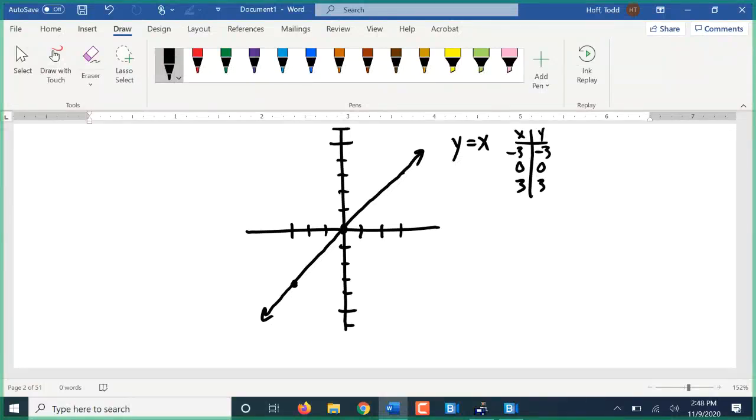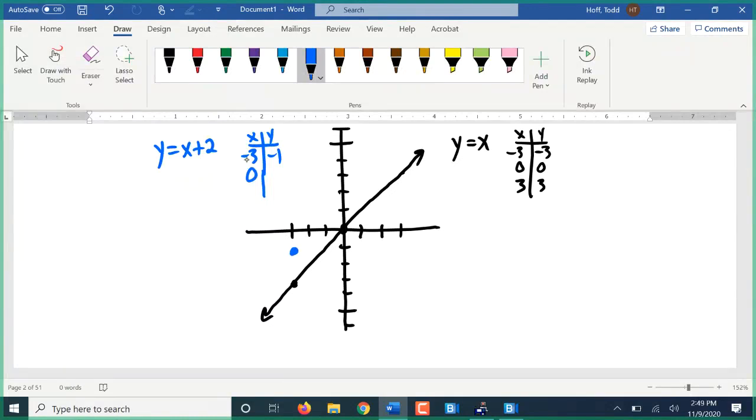Now, we've talked about building on to equations and making more complex equations. One of the things we can do is add. We have y equals x plus 2. Well, if I make a basic table here, x and y, if x were -3, -3 plus 2 would be -1. So -3, -1 would be right there.